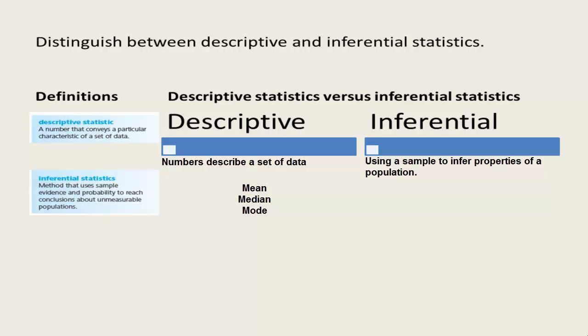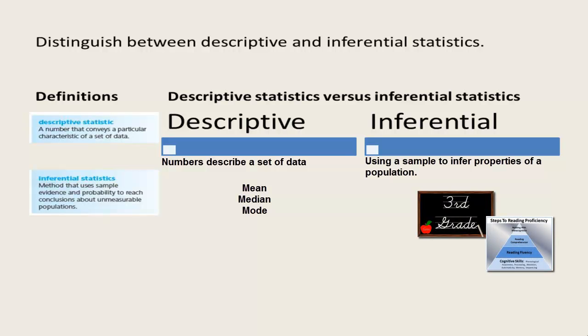For example, if you wanted to investigate the effects of a reading intervention on third-grade students who tested unsatisfactory or partially proficient on a standardized test, you could use a representative sample of third-grade students to test the reading intervention. In theory, if the research process is followed with fidelity, the conclusions you come to for the representative sample could be generalized to the larger population of all third-grade students who tested unsatisfactory or partially proficient.